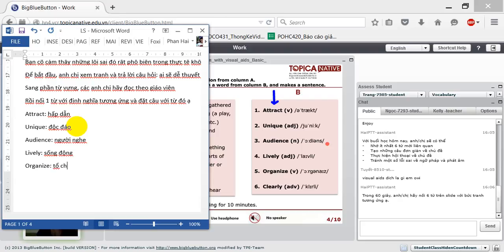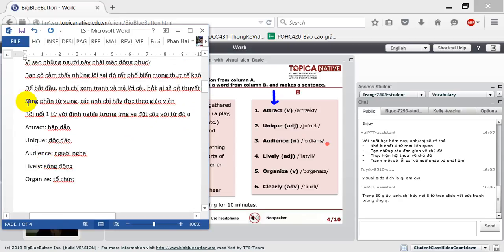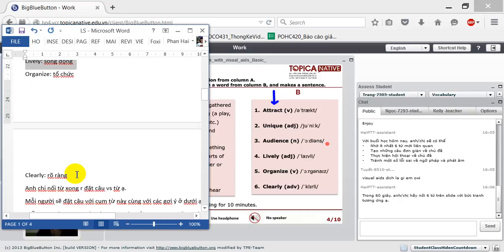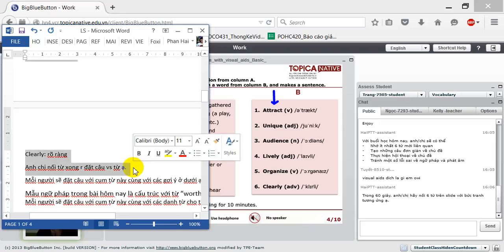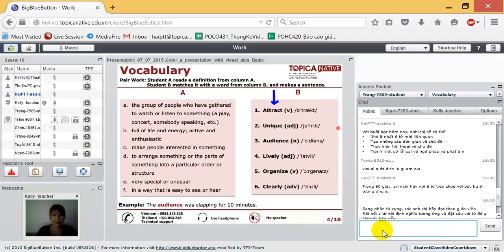Trang, can you please read the 6 words back to me? Yeah, attract, unique, audience, lively, organize, clearly. Excellent. Thank you, Trang. Tram, can you please read the 6 words back to me? Attract, unique, audience, lively, organize, clearly. All right, thank you.